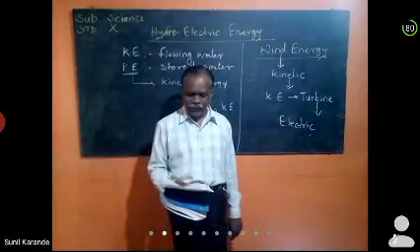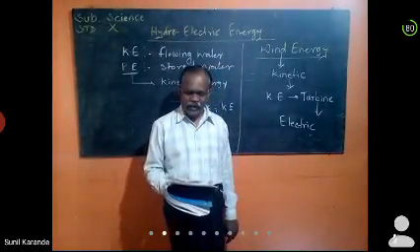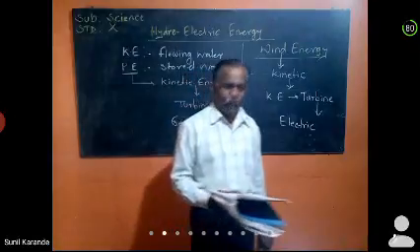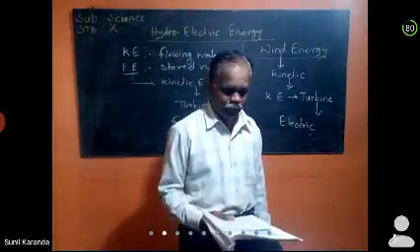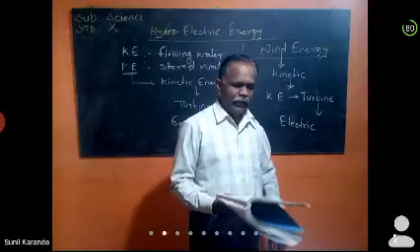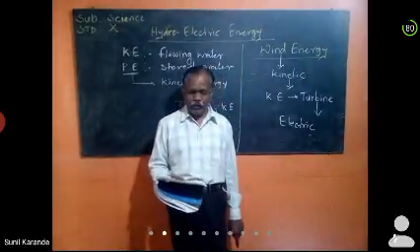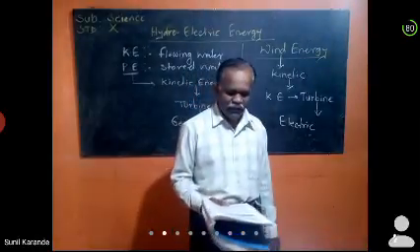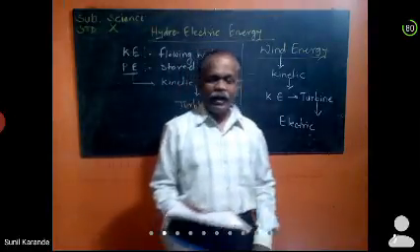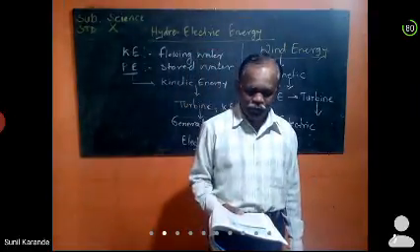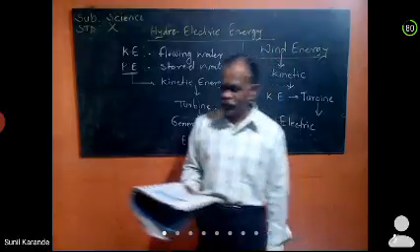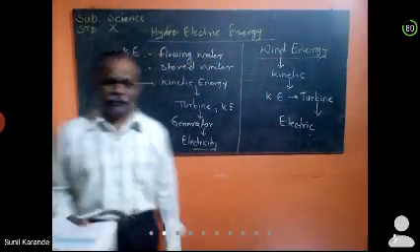And the second method: solar radiation is converted into thermal energy first, then this energy is used to run the turbines. The turbine is connected to the generator, and then this thermal energy is converted into electrical energy.